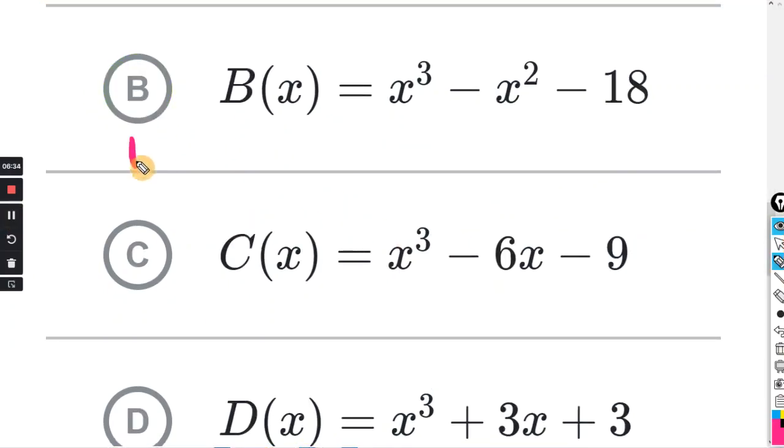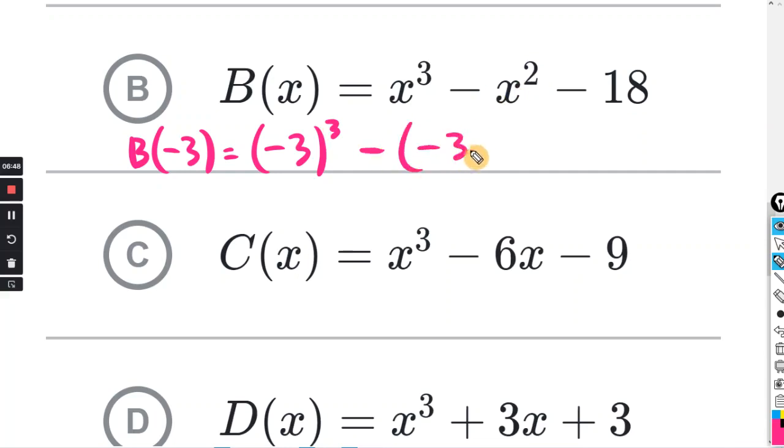Answer B, let's do B of -3. We're just plugging in x equals -3. Use parentheses, that's (-3) to the third, minus (-3) squared, minus 18. Okay, (-3) to the third is -27. (-3) squared is positive 9, but it's minus that, so it's minus 9.